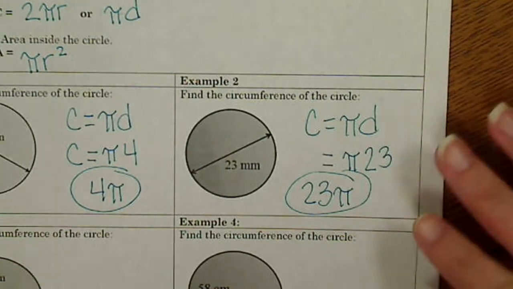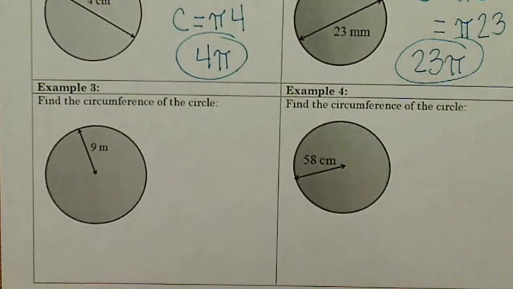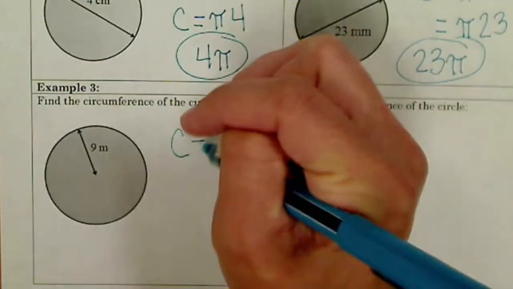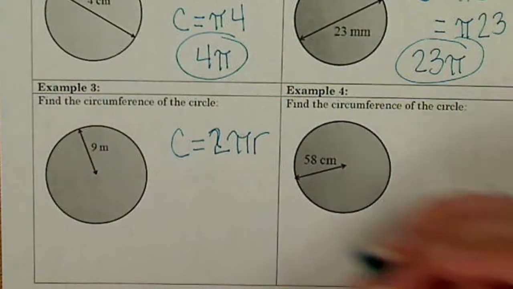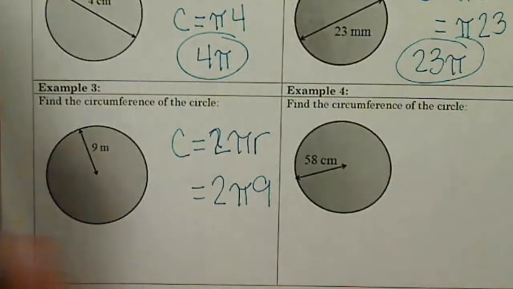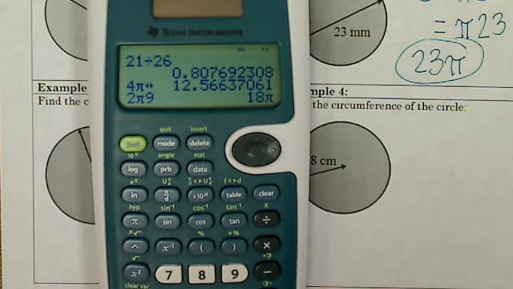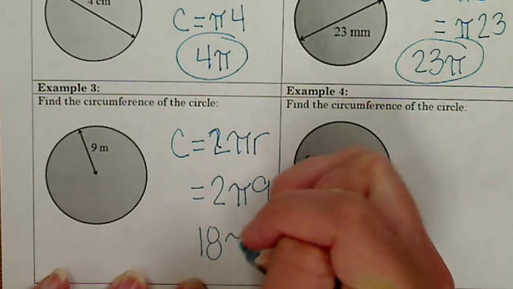All right, now on the bottom 2, we are wanting to find the circumference, but this time we are given the radius, so 2 pi r. So I'm going to do 2 pi times 9. You can type that, 2 pi 9, into your calculator, and it'll multiply 2 times 9 for you to get 18 pi.